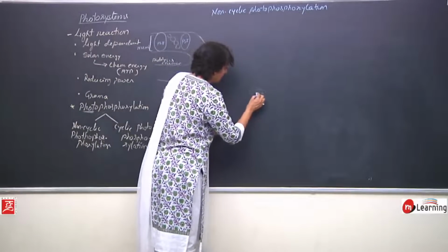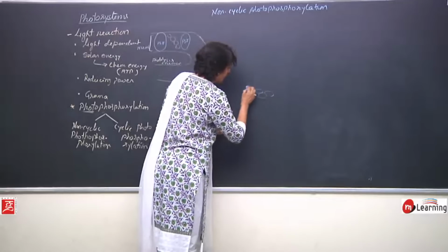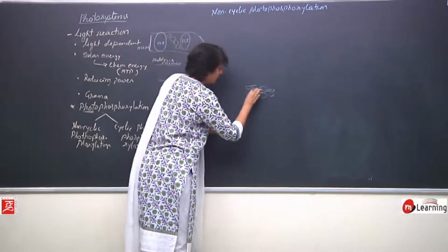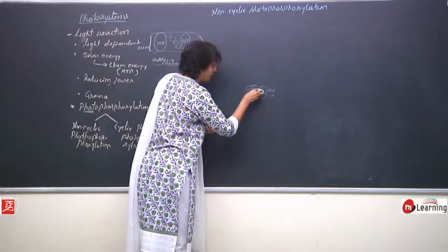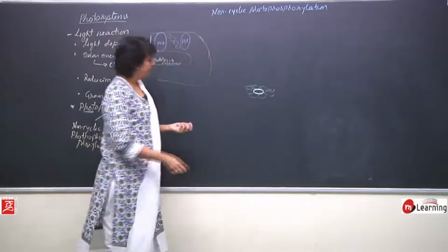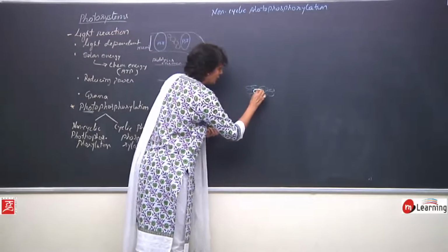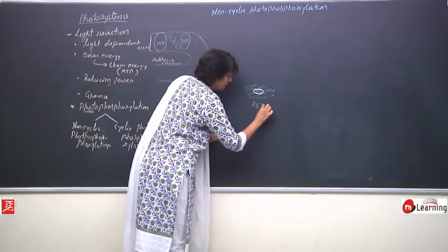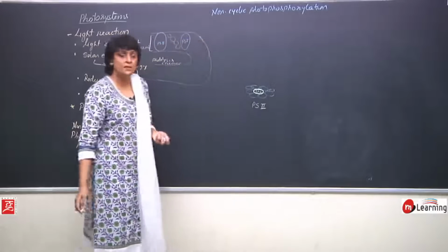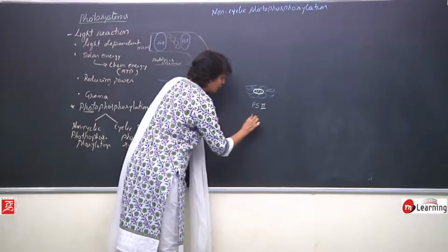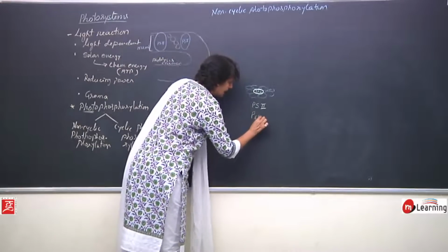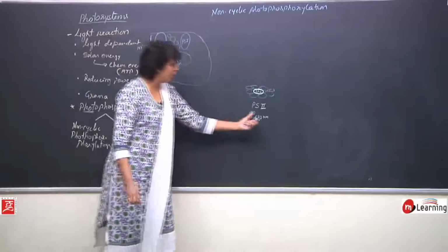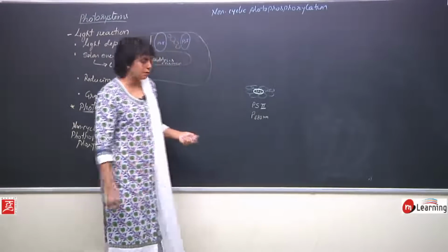Let us make these pigments here, and we will make one major, which is our reaction center chlorophyll. Here it is chlorophyll A, and here we will write PS2. PS2 means the pigment absorbs 680 nanometers. So, it is written as P680. Even if this nanometer is not written, it is understood.